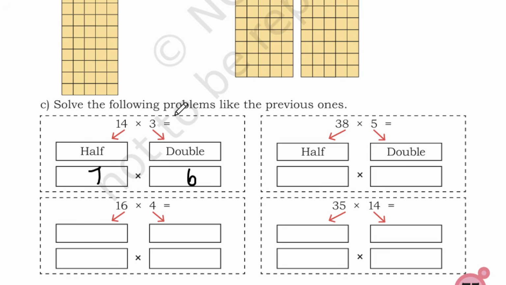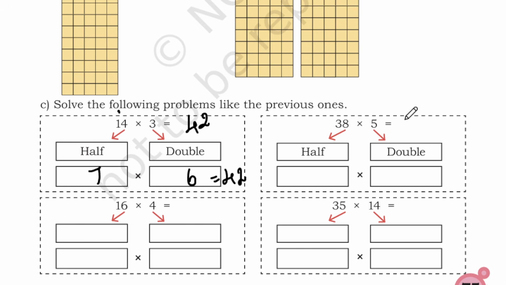First we will finish the answer here. What is 14 into 3? 4 3s are 12, 2 balance 1. 3 1s are 3, 42. And what is 7 into 6, students? 7 into 6 is also 42. So you're getting the same answer.